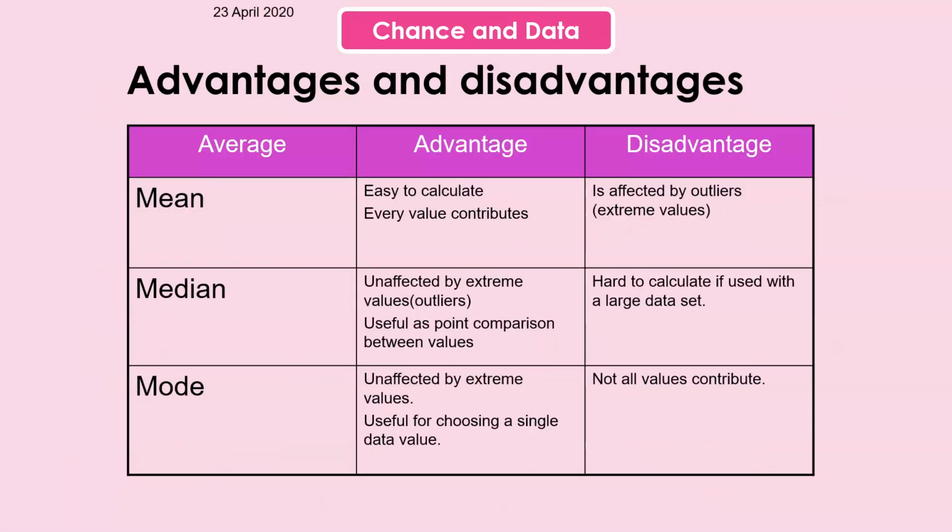The disadvantages of them are in some ways the same thing as the advantages of them. The mean is affected by outliers, so if you are doing an average salary or something like that, and one particular person in the company earns a lot more than everybody else, then that average will be scaled up because of it.